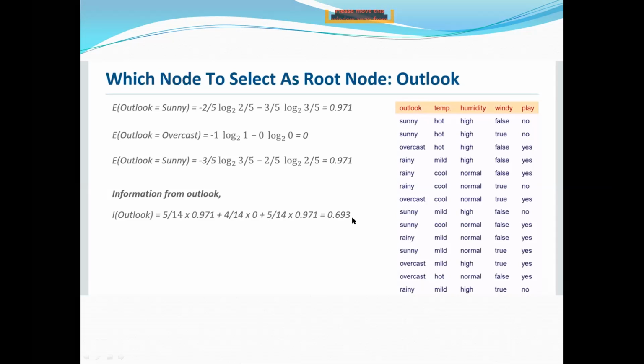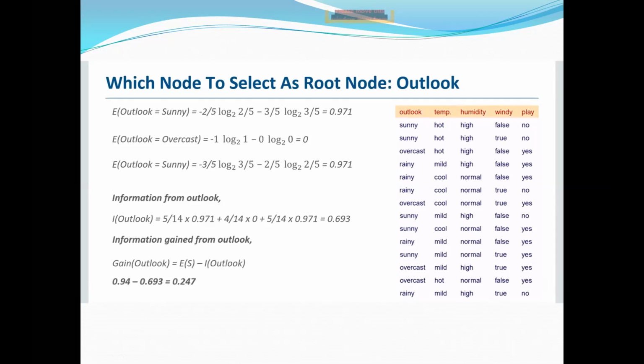What is our ultimate goal? Our ultimate goal is to calculate the gain. The information is not our ultimate goal; our ultimate goal is how much we have gained from the attribute. What is actually gained from the Outlook? The total sample entropy subtracted by the Outlook information.